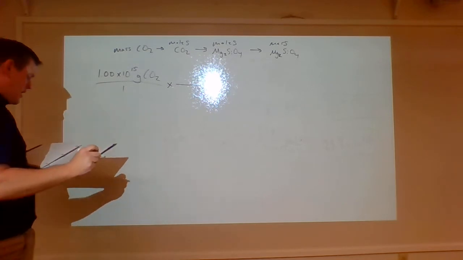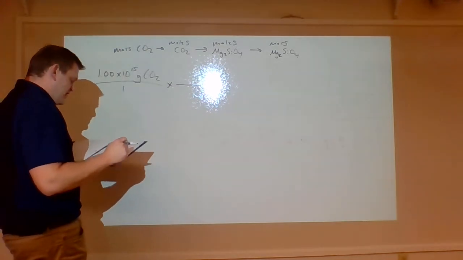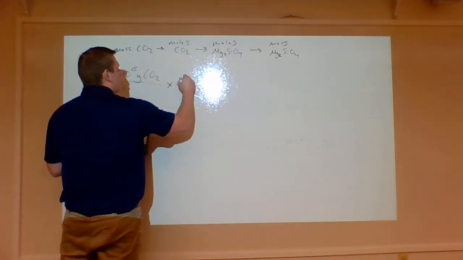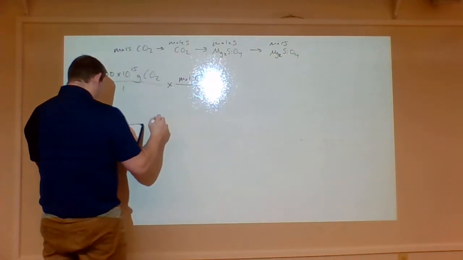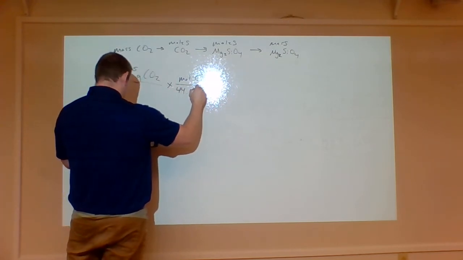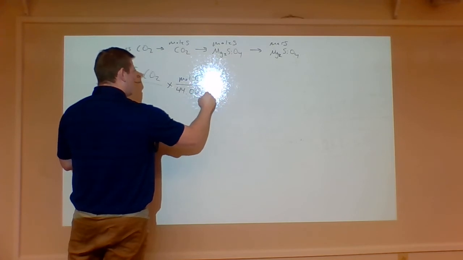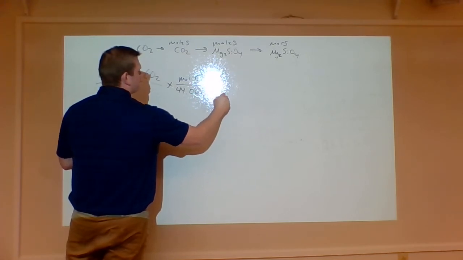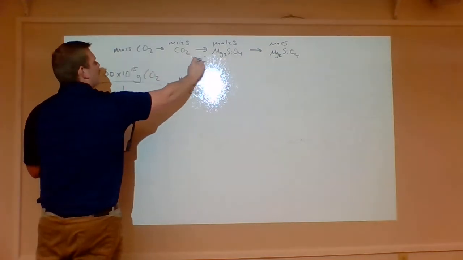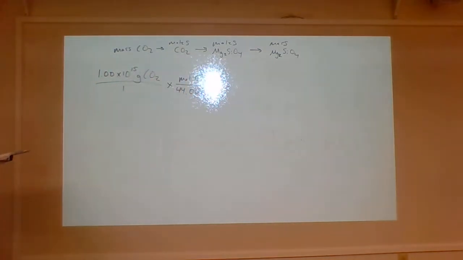So I'll let you determine that molar mass of CO2 on your own. So we can say that the moles of CO2 are equal to 44.0099 grams of CO2. So now we've converted our mass into moles of CO2.